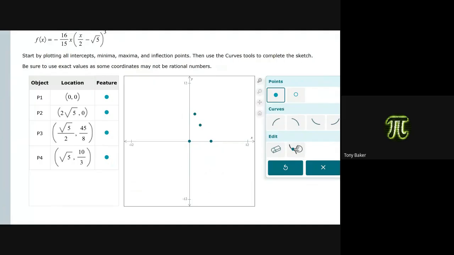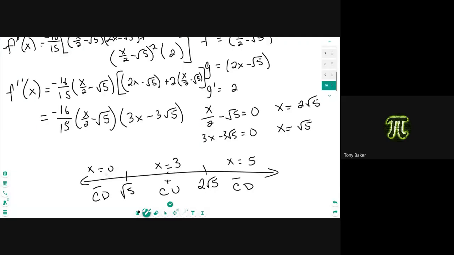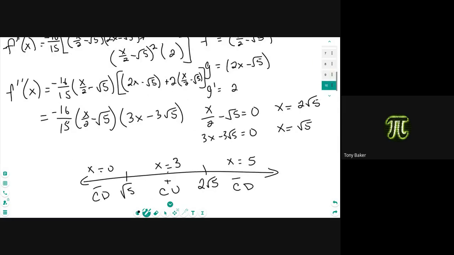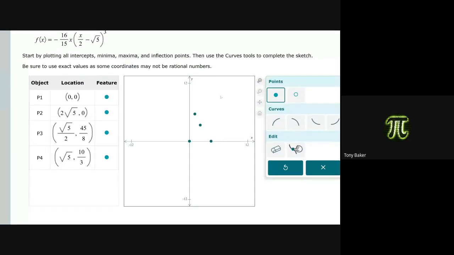So before square root of 5, we had concave down and increasing, correct? So concave down and increasing.